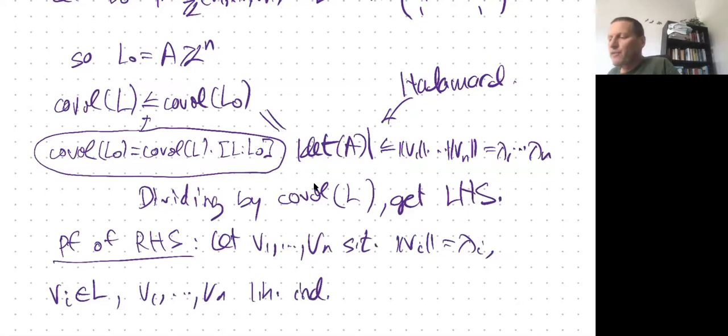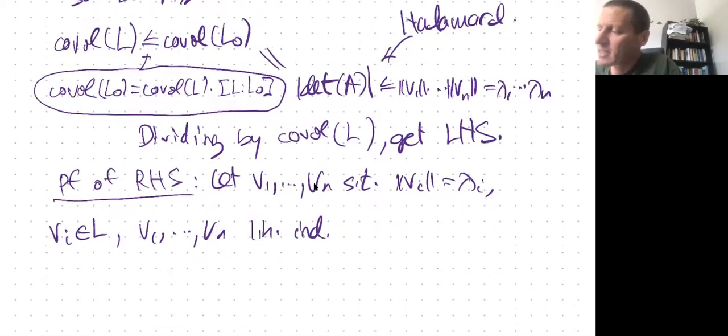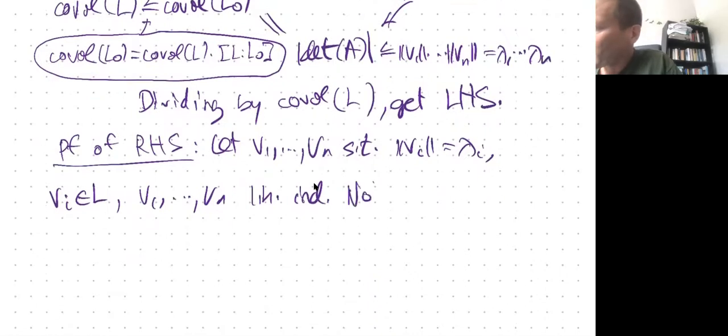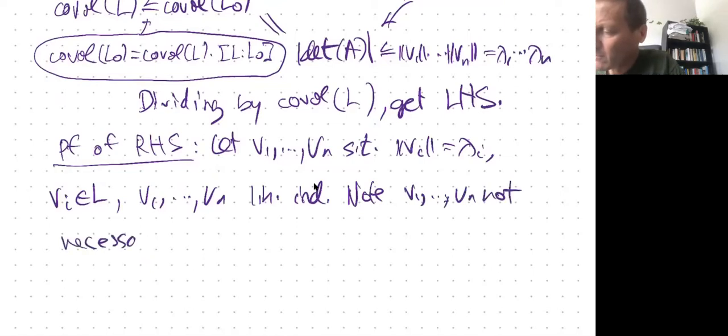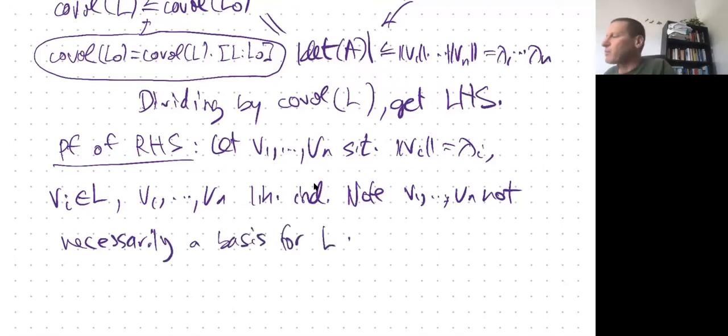As I said, the VI's are not necessarily a basis for L. They span a sublattice, L0, as we saw before, but there was a theorem about sublattices in lecture 1.